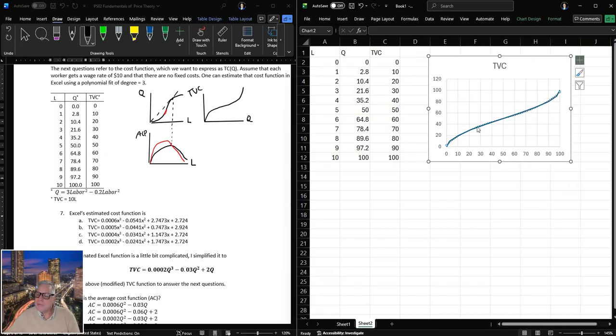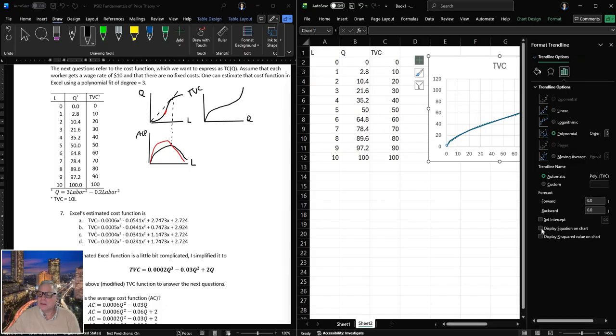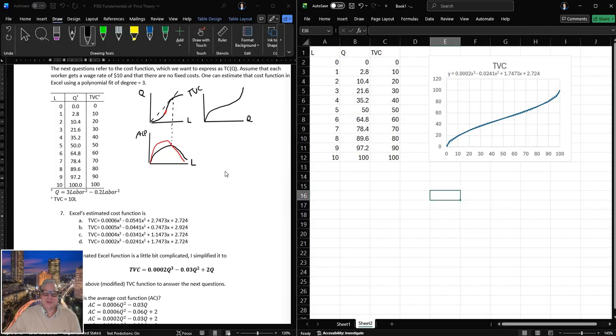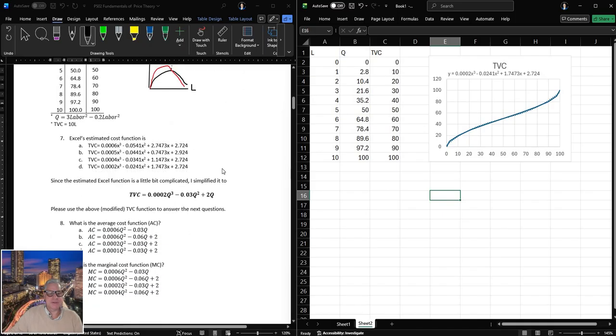And so now you can see that we have a line which fits the actual line pretty closely. And so this is a line of best fit, and maybe we can also add the equation on the chart. So now the next question is, if we use Excel to estimate the cost function, which one is it?